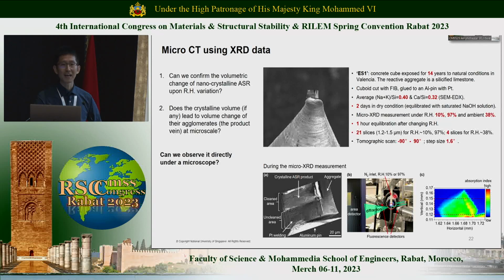And on top of that, we apply a changing relative humidity. If you can see this tube, the sample is too small to be seen, but on top of the sample there's a tube where we blow nitrogen containing different relative humidity onto the sample. We want to see how the sample looks when it's exposed to moisture.